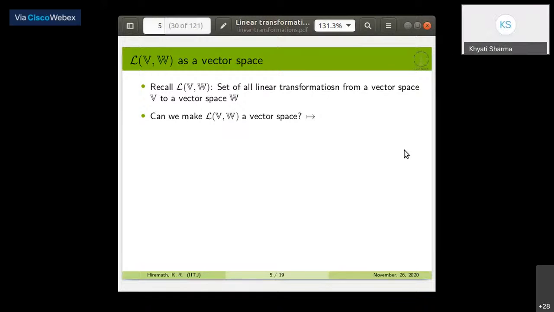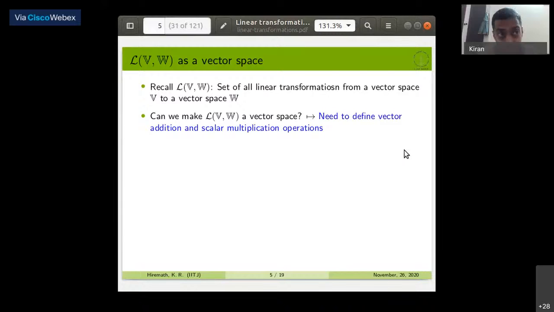And then the rest of the properties, like zero being there, additive inverse being there. We need to ensure the existence of additive inverse, because it plays a very crucial role in all these cases.